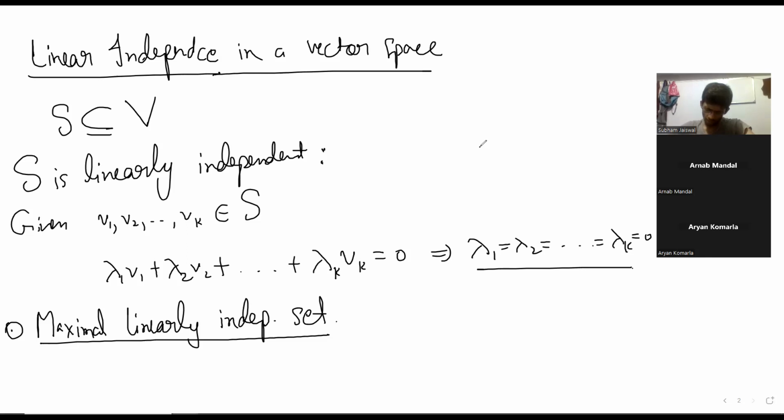So can anybody tell me what is a generating set of a vector space? Let's talk about generating set and we'll come back to maximal linearly independent.